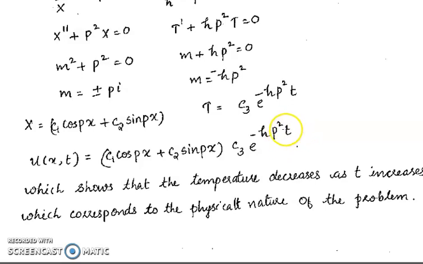Therefore, as time increases, temperature decreases. Therefore, this is the solution of one-dimensional heat equation. That is, the general solution of one-dimensional heat equation is u(x,t) equal to (C1 cos px plus C2 sin px) into C3 e raised to minus h p square t.